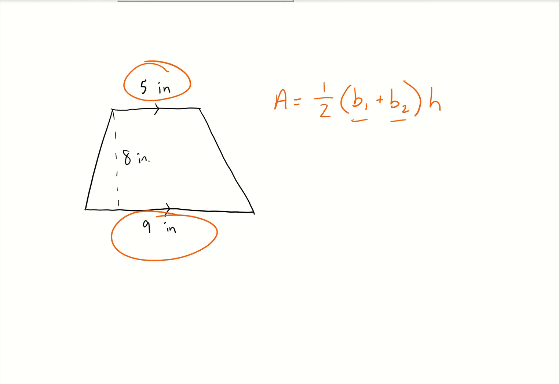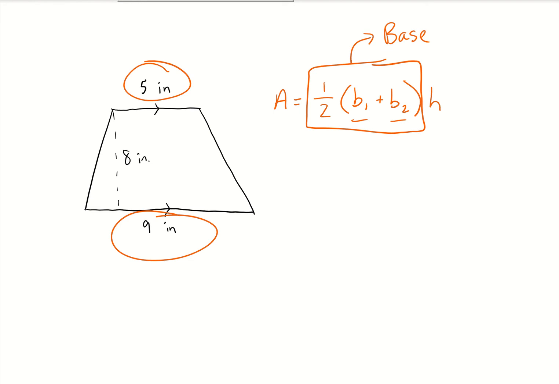That will give us our usual base. When we find an average, you add the two things together, then you divide by 2. That's what multiplying by 1/2 is doing. So this part right here is just finding our base, and that is really the only difference between this and a parallelogram or a rectangle or a square.